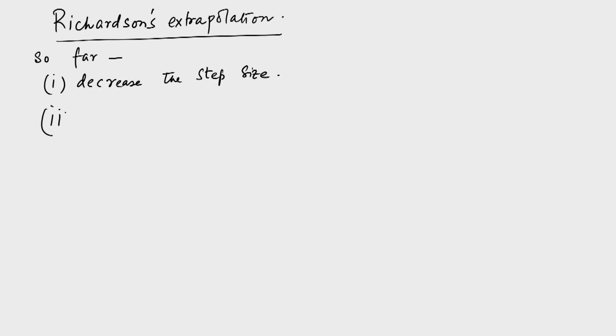And the other thing, which we have mostly used, is that I use a higher order formula. All right. So, if these are the two methods that we have seen so far, what is this Richardson's extrapolation that is going to improve it? We will see that it does a remarkable improvement in computing the first order derivative.